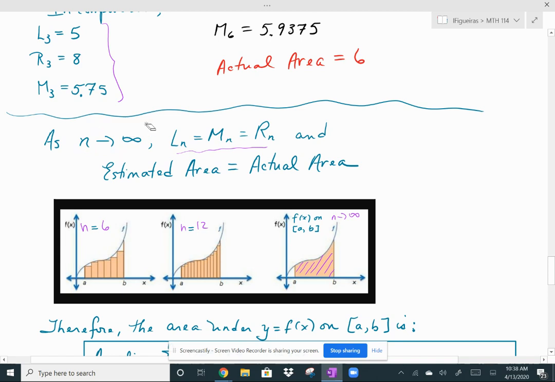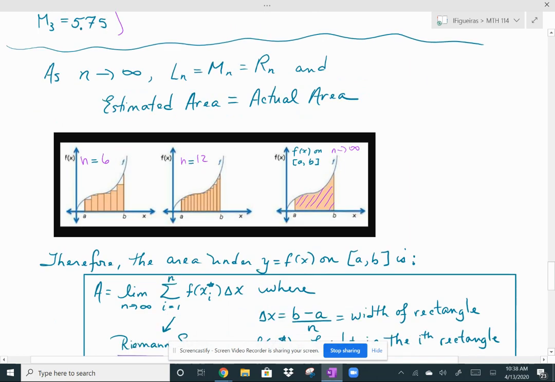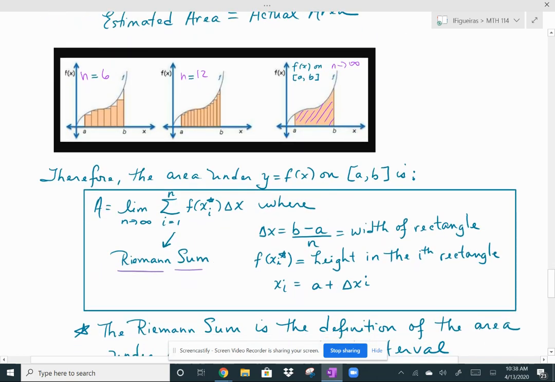Okay. So we're going to learn some new notation using this concept in mind, that as the number of rectangles increases, you get better approximation, and as it approaches infinity, well, you'll get an exact calculation.